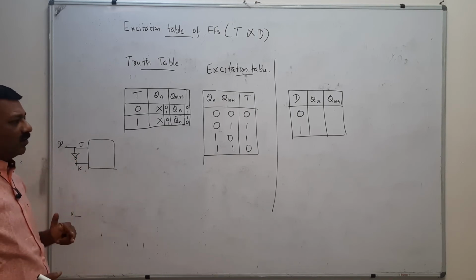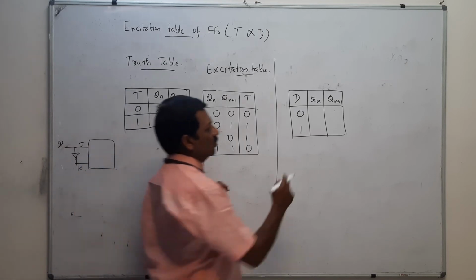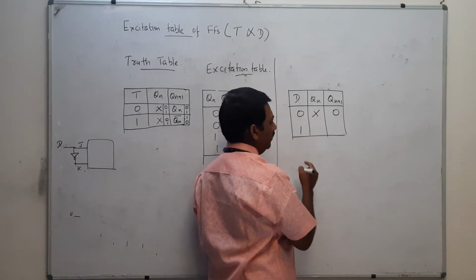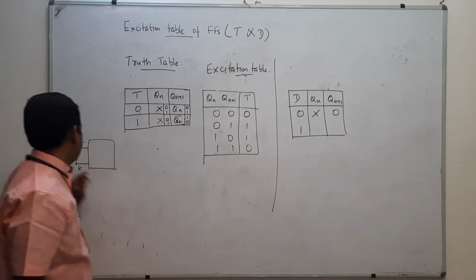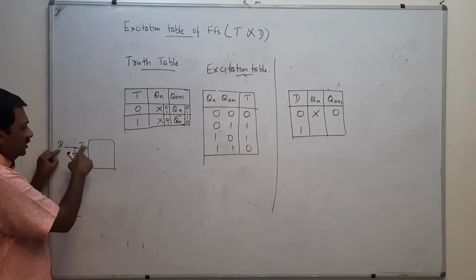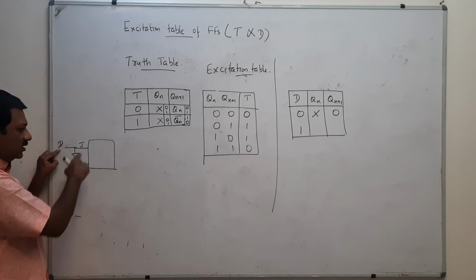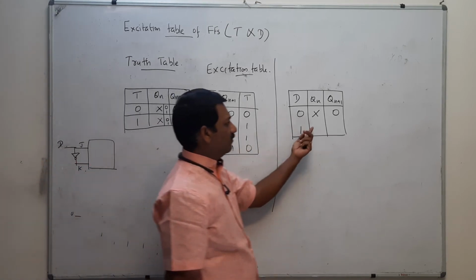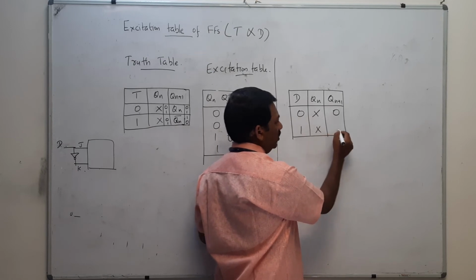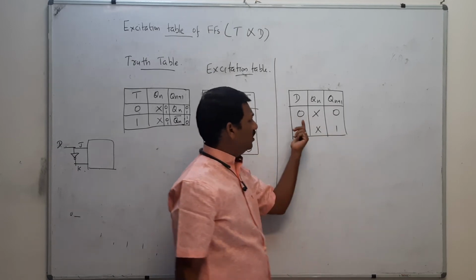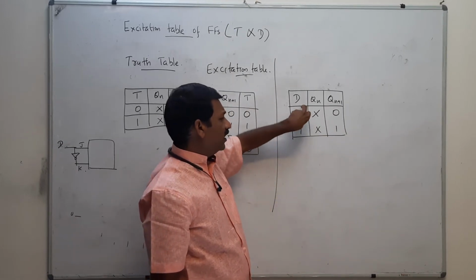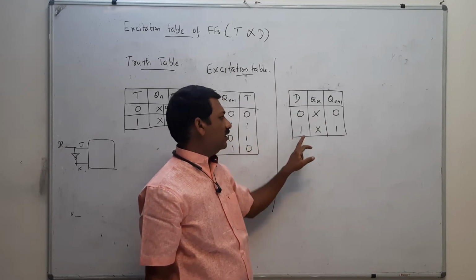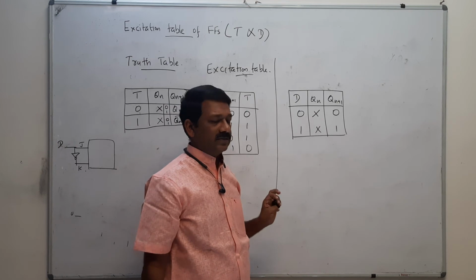If it is 0 1, the flip-flop will be reset, whatever the value of Qn. And if D is 1, J is equal to 1 and K is 0, so whatever the value of Qn, this will be 1. Depending on the value of D, if D is 0, it will be reset, and if D is equal to 1, it will be set.